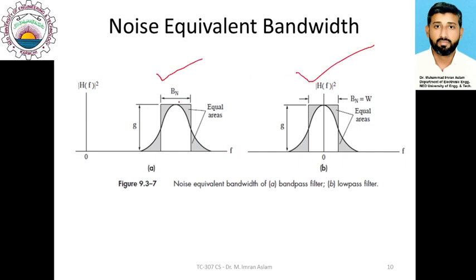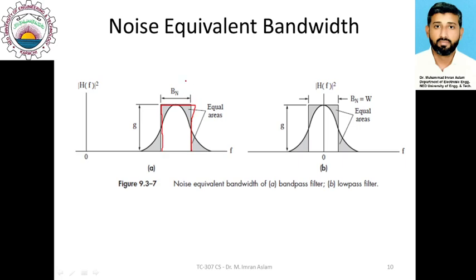Say, for example, these are two illustrations, one for a band pass filter and another for a low pass filter. You can see that this curve is the actual response of the filter. This actual response contains some amount of power. Whatever power is there in this actual filter, we collect that power and represent the filter by a rectangular shaped filter like this.